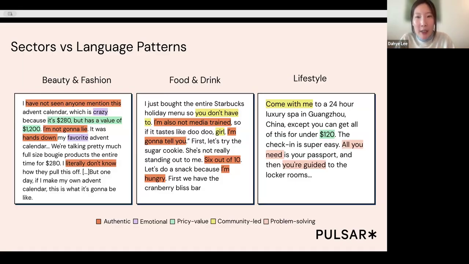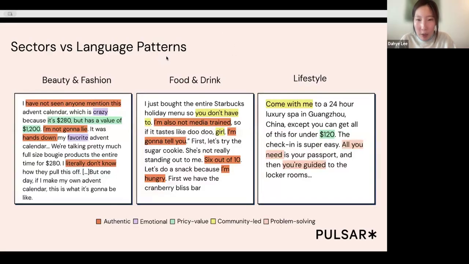Creators use phrases like "I have not seen anyone mention this" or "I'm not gonna lie", showing honesty and building immediate trust because it feels like they are letting you in on an industry secret, while dropping in price value justifications, like comparing a 280 price tag to a 1,200 value.